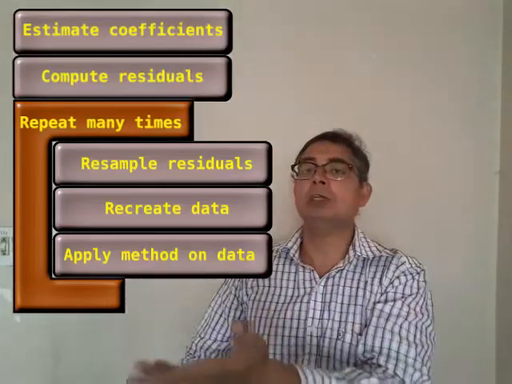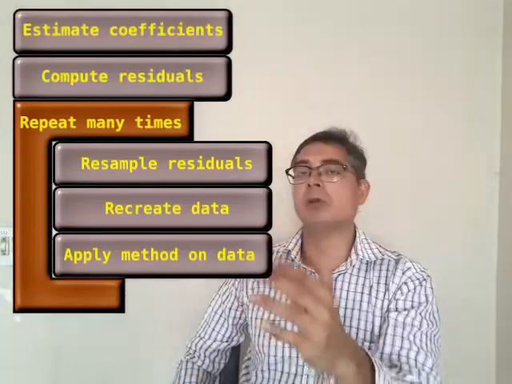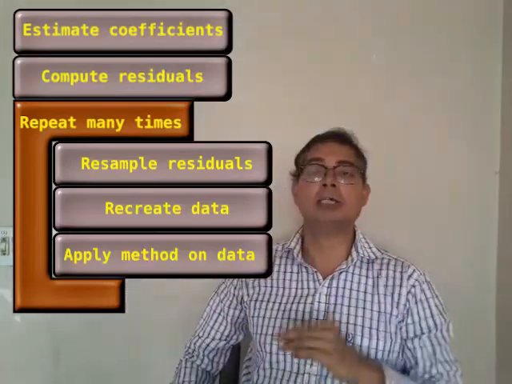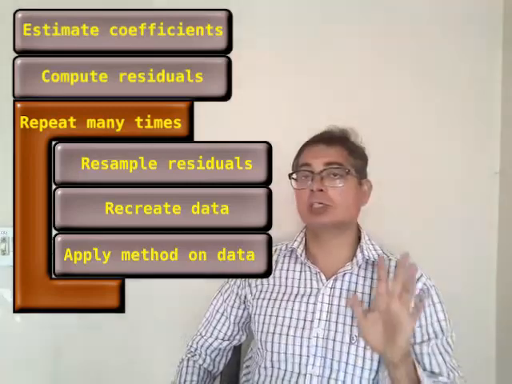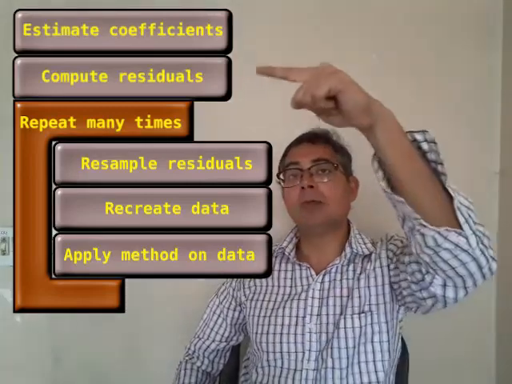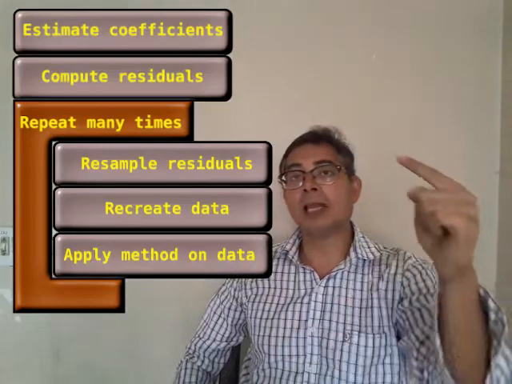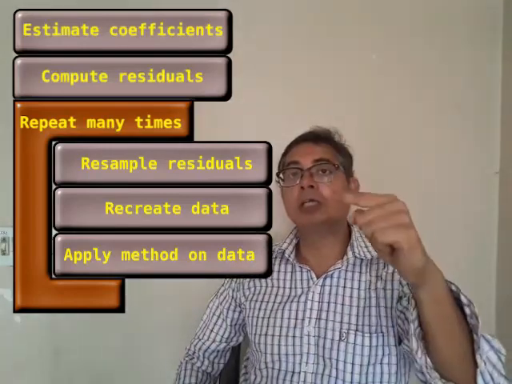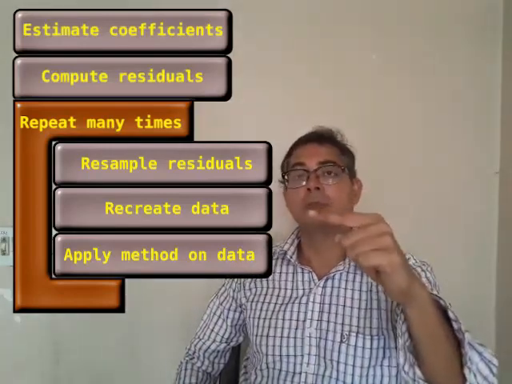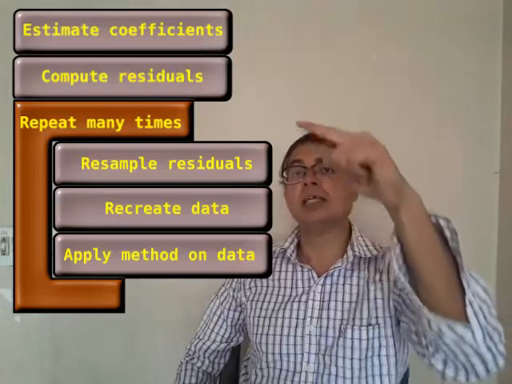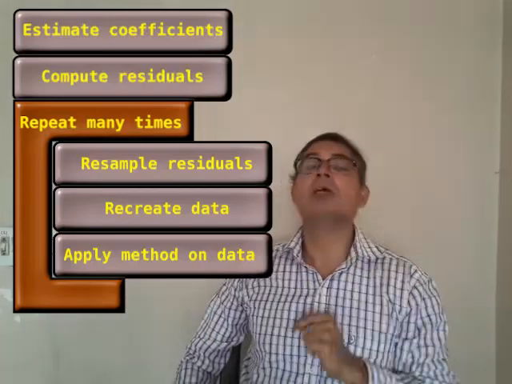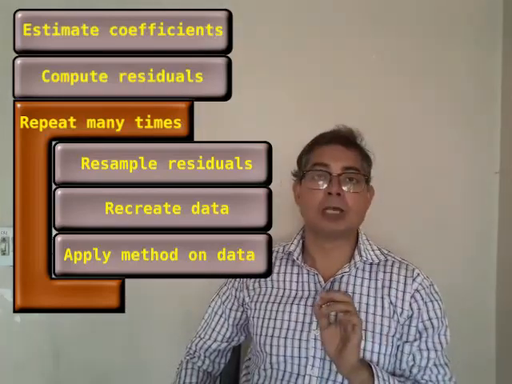And at the end, you will do the same thing. You will track your performance and you do your aggregation there just as before. So the only extra step is you have to compute residuals and you have to recreate your data. So these are the only two new things for residual bootstrap.